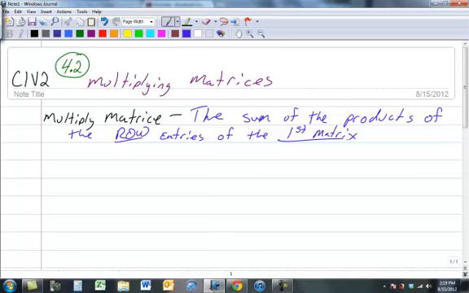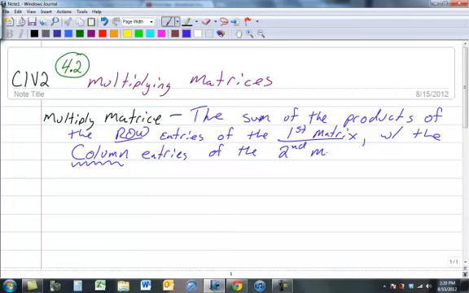So it's going to be the sum of the products of the row entries of the first matrix with the column entries of the second matrix.